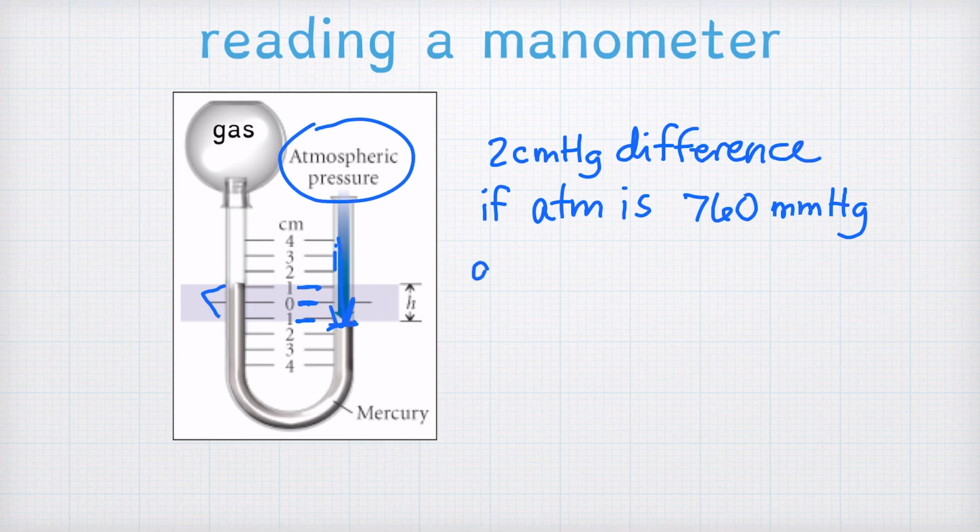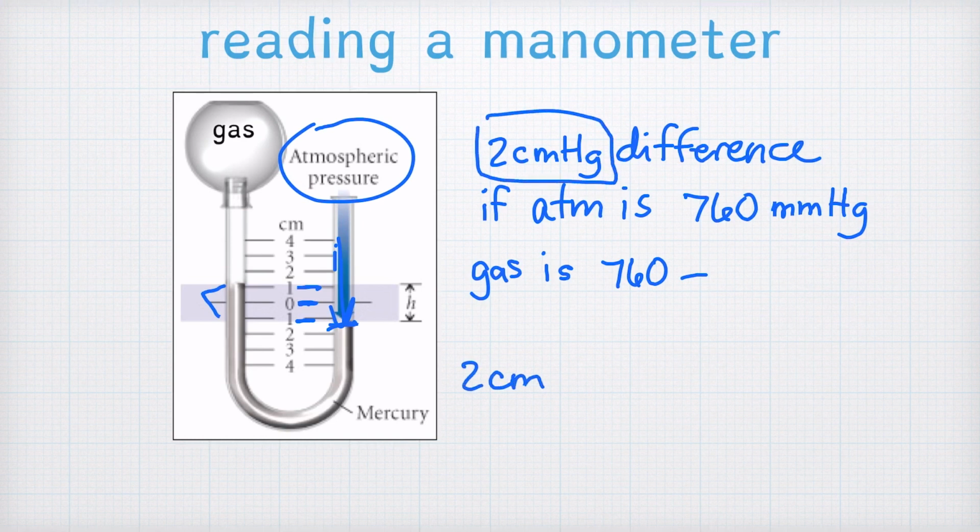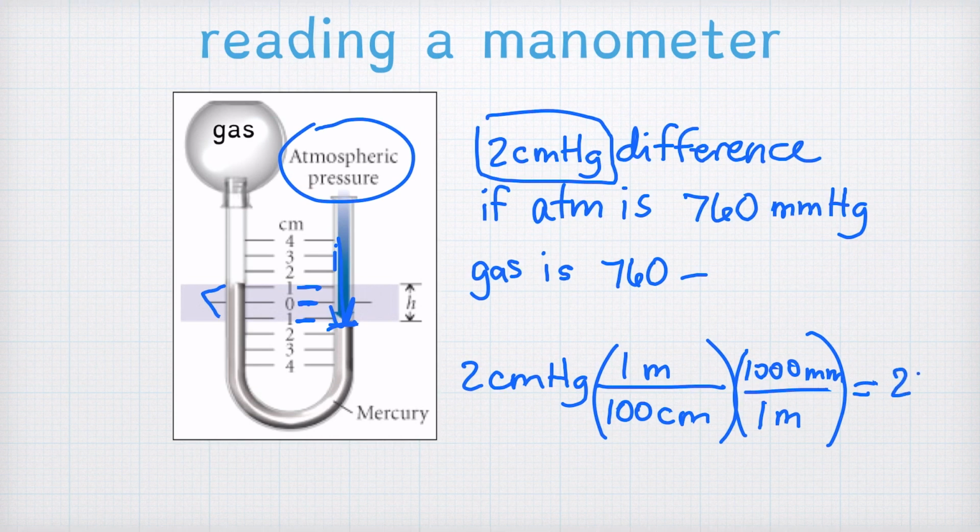Then that means that the gas is 760 minus the difference. Now, the one trick is that the difference was in centimeters, and so we need to convert from centimeters to millimeters, which is simply equal to 20 millimeters mercury. So we're doing 760 minus 20, which would be 740 millimeters mercury.